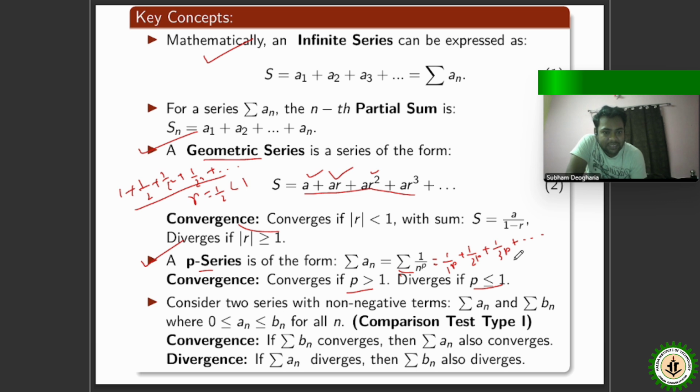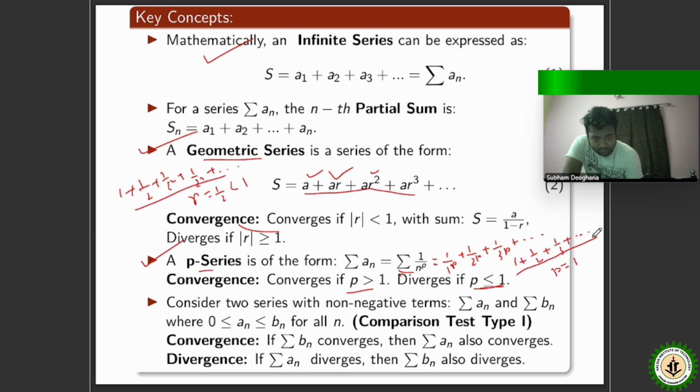So if we take an example, 1 plus 1 by 2 plus 1 by 3 plus dot dot dot, then here p is actually 1, so it falls in this criterion. So this infinite series is divergent.